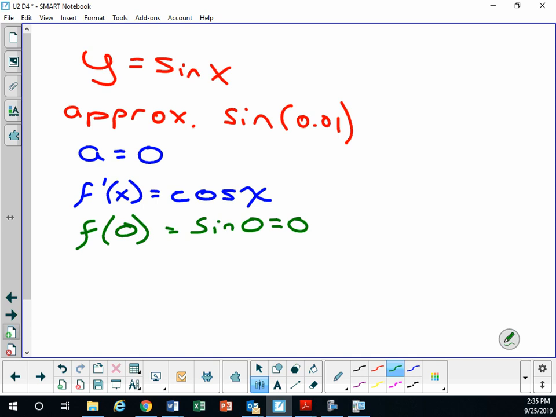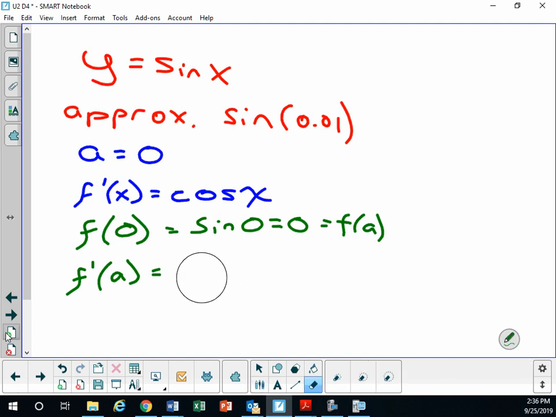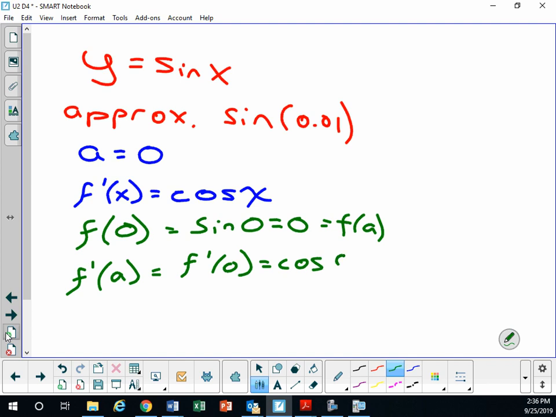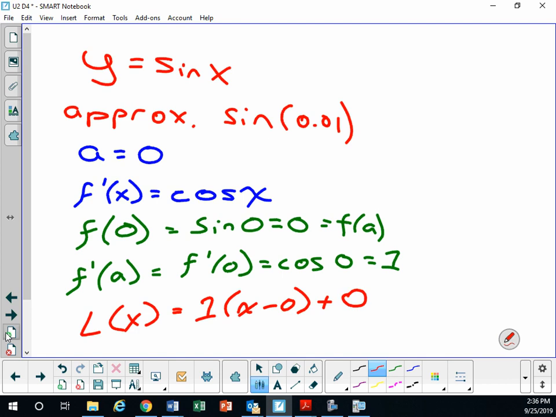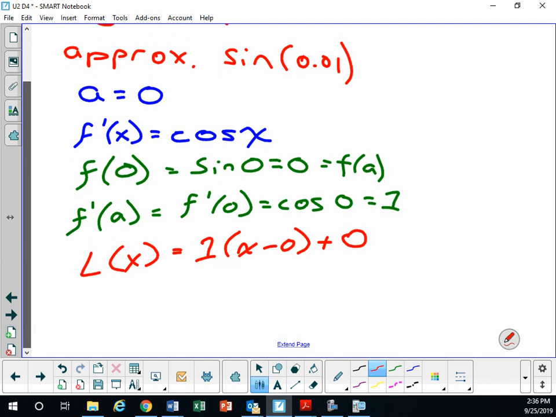That's f of a. F prime of a is f prime of 0, which is the cosine of 0, which is 1. So L of x equals f prime of 0, which is 1, times x minus 0, plus f of 0, which is 0. There's my local linearization line.